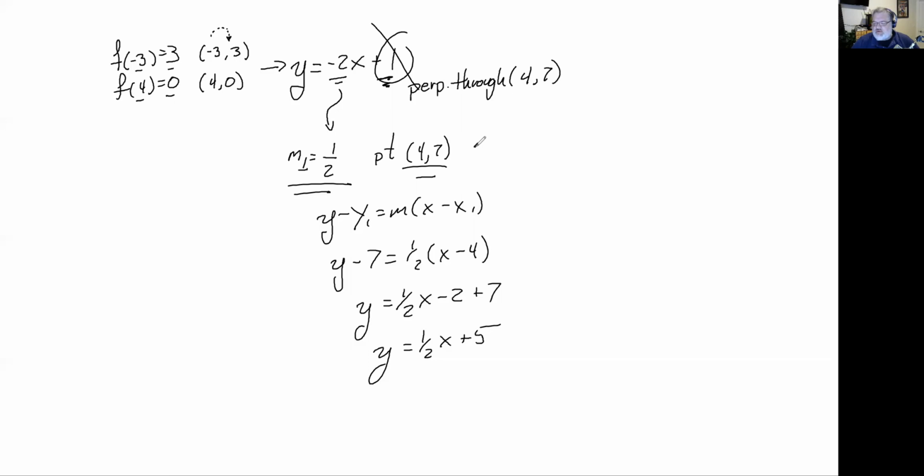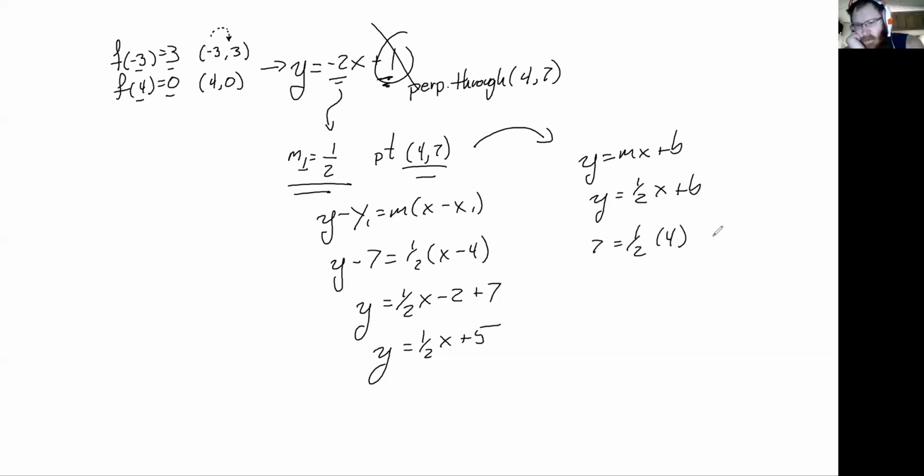Even if you like making lines the other way, just going directly to the slope-intercept form, the process would be the same. You know the 1/2. We want to figure out what that b is. So plug in the 7, plug in the 4. 7 equals 2 plus b, subtract the 2, subtract the 2.